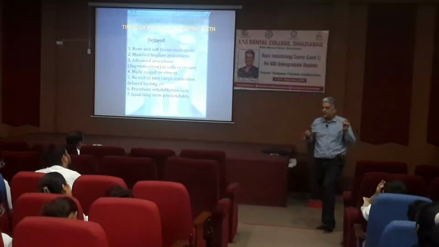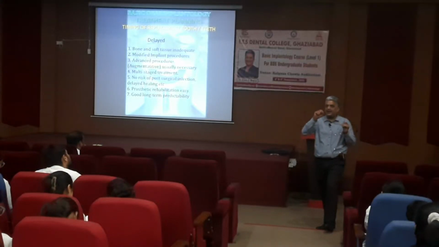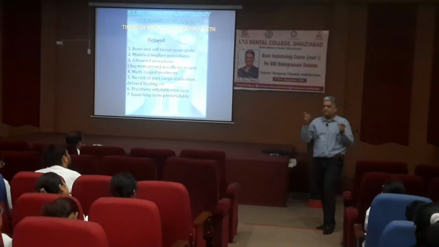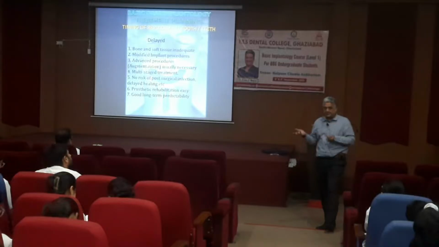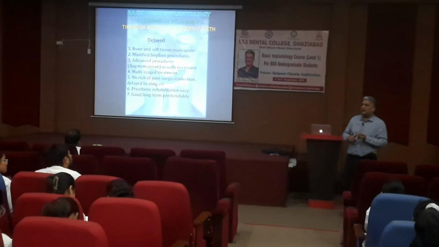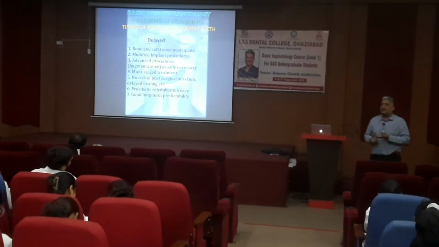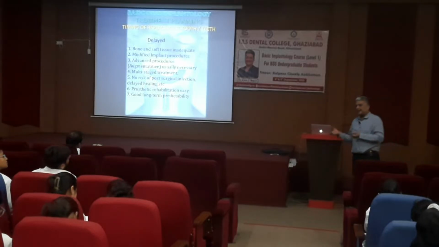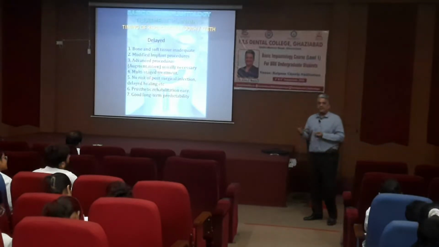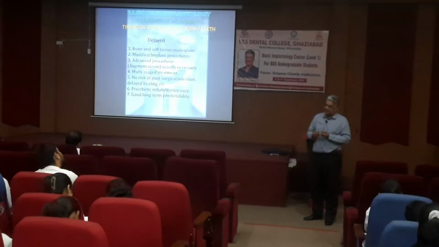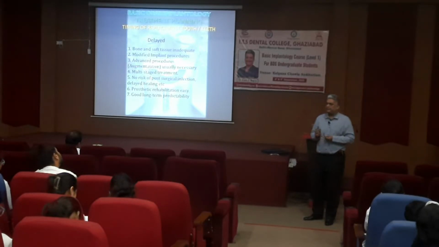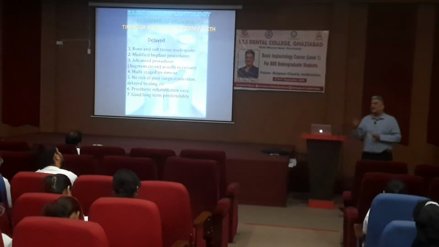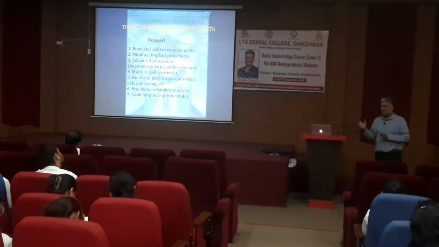When you place your implant, how much bone comes in contact with your implant is your BIC, bone implant contact, which is more in a dense bone like the mandible or anterior maxilla, and less in a less dense, more porous bone, which is your posterior maxilla. So that is why healing also takes long.